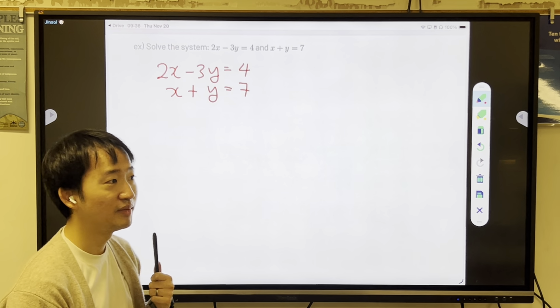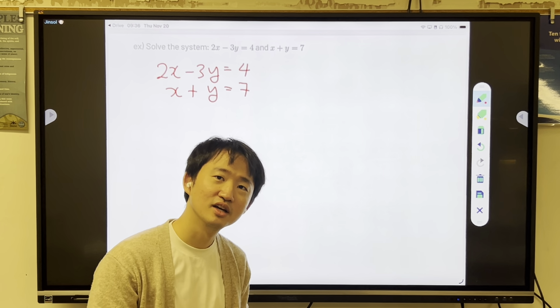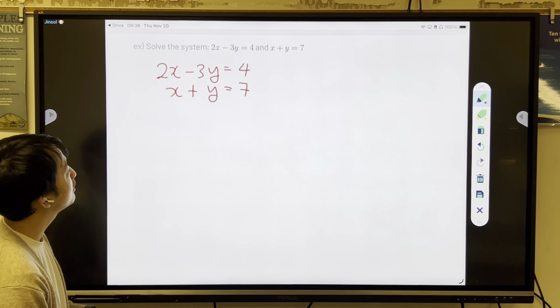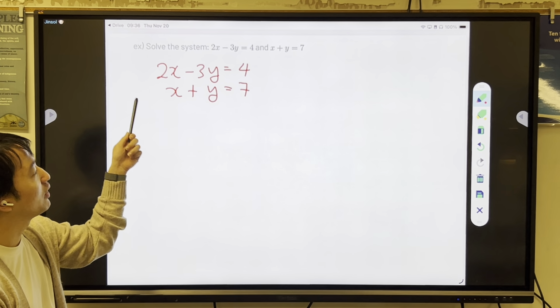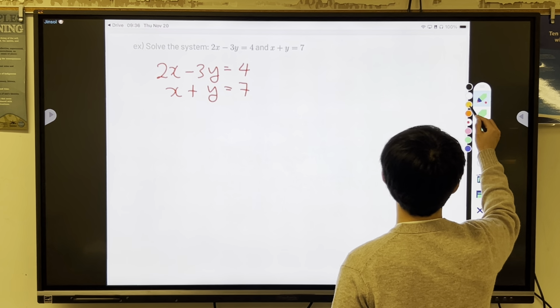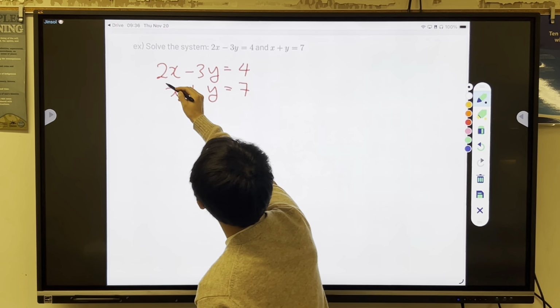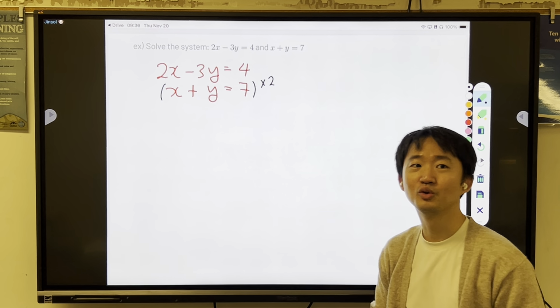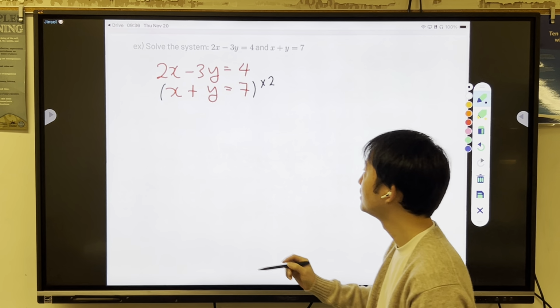Well, what I can do is manipulate one of the equations so that one of the variables is going to have a matching coefficient. In my opinion, if you multiply the second equation by 2 on both the left-hand side and the right-hand side, I'm going to have the matching coefficient for the variable x. So let's do that.